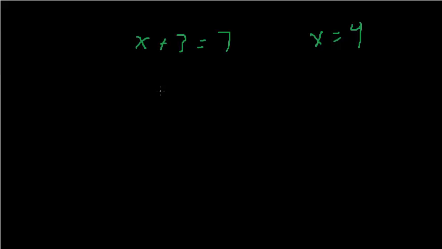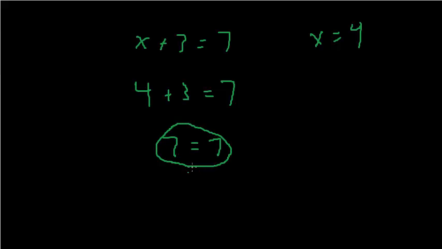So we plug in 4 plus 3 equals 7, and indeed 4 plus 3 is 7, which is equal to our 7. So when we get 7 equals 7, something true like that, it shows that this answer that we checked is indeed the correct solution.